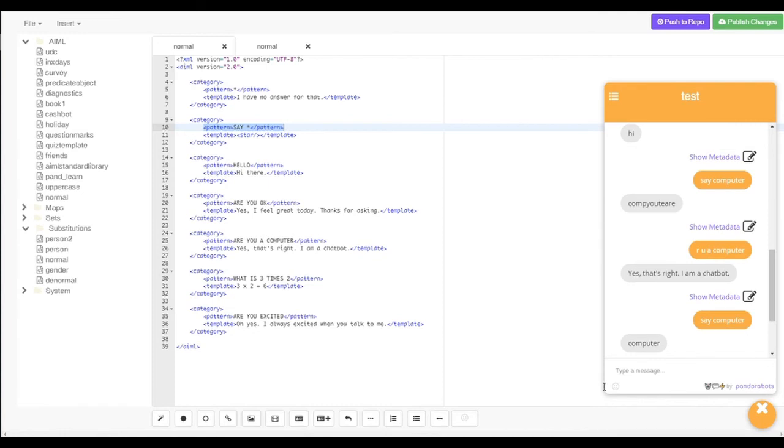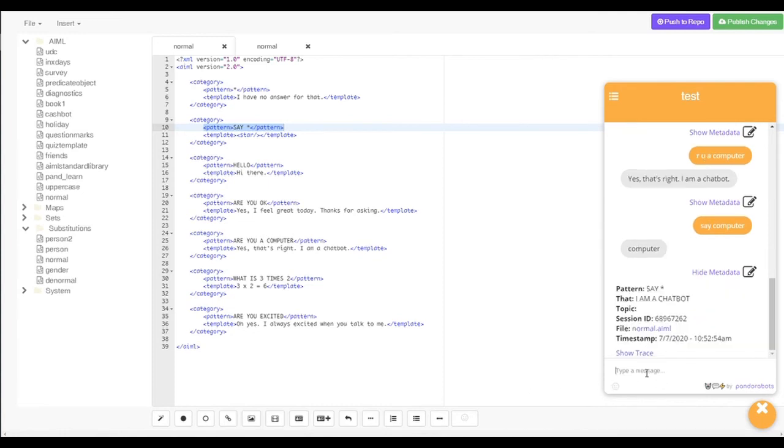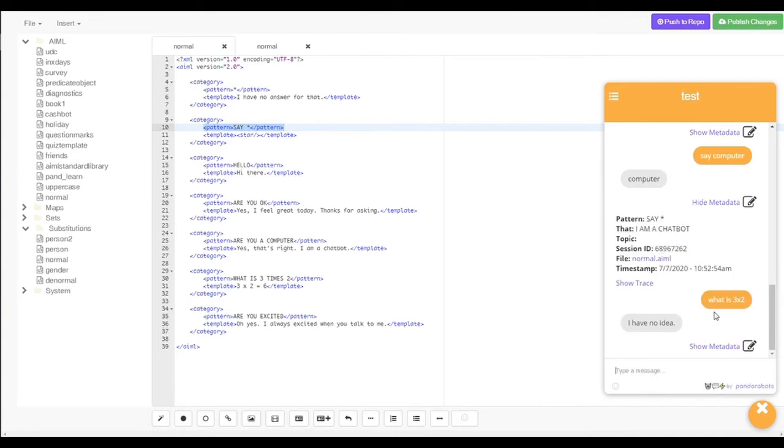Let's say, for example, we want to say, what is 3 times 2? Right, I have no idea. That's right, because there's another category that picks that up. So let's say we want to make the x equal to times.